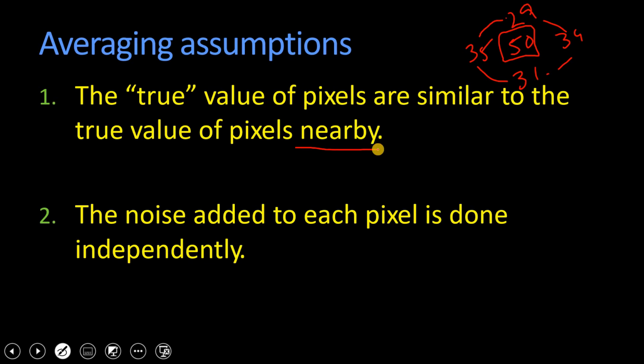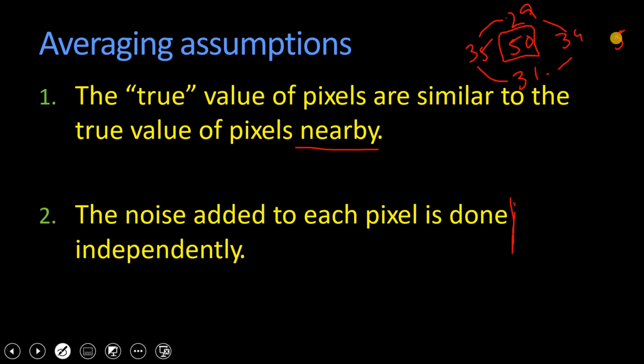For some place where the pixel value changes a lot in some image, we can't detect the noise easily. And the second thing is that noise, when it is done, it is added independently. It does not depend on the past noise. So for example, noise over here was added, so almost a noise of 15 values. So it was added, it becomes 50. Now if there is a noise somewhere else in the picture, it will also be in the same range.